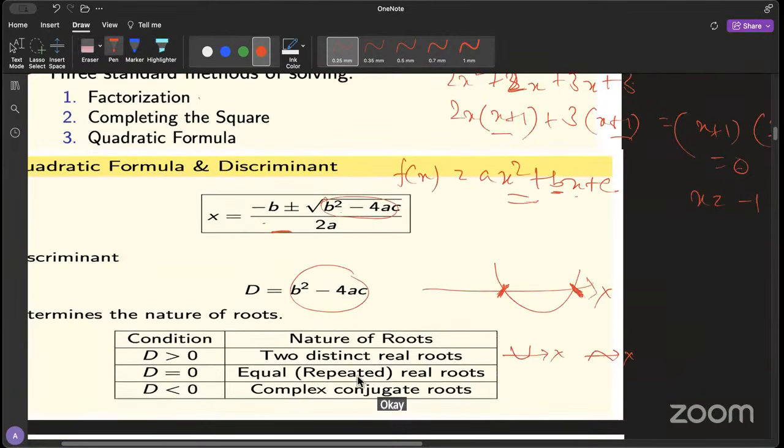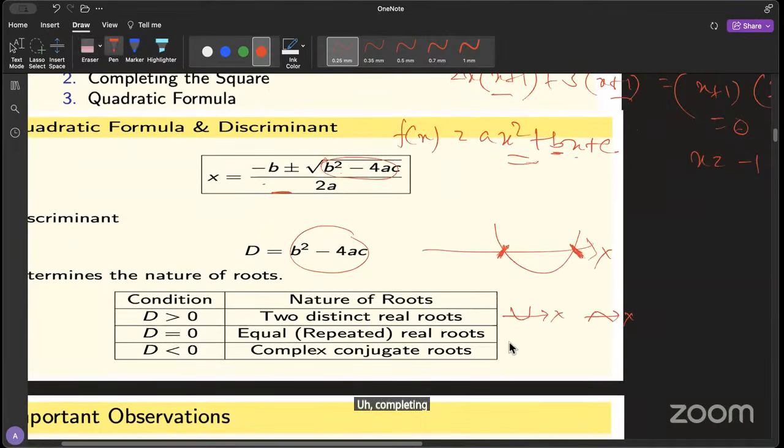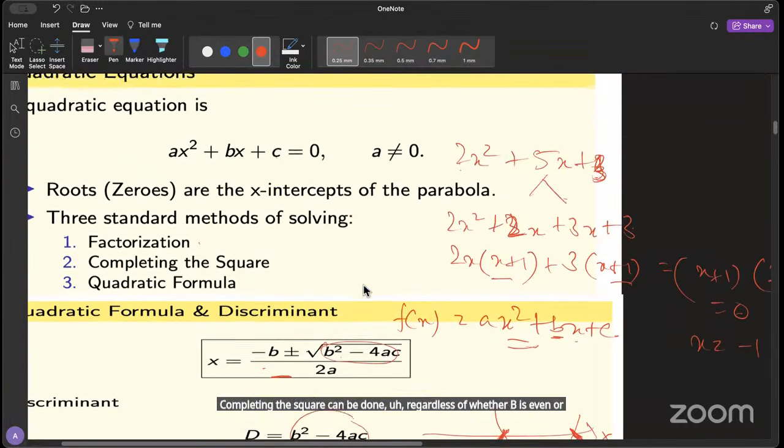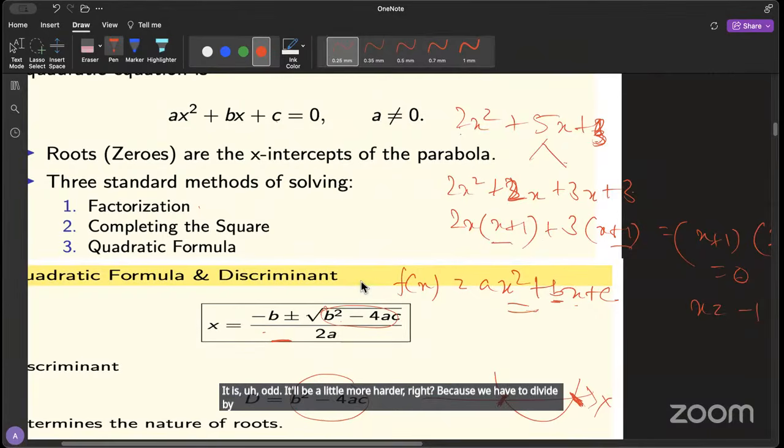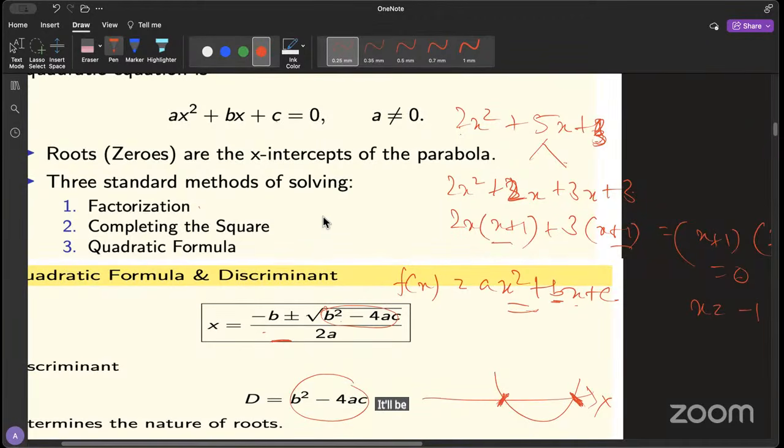Okay. Completing the square can be done regardless of whether b is even or odd, just that if it's odd, it will be a little harder, right? Because we have to divide by 2 and then square it. So if it's odd, it will be messy numbers. Let's say b is 15, which is odd, and let's say your a is 5. This is 5x squared plus 15x plus 15.